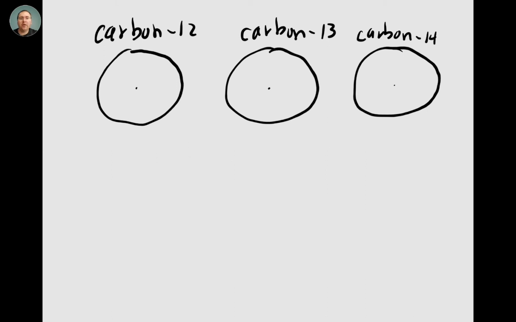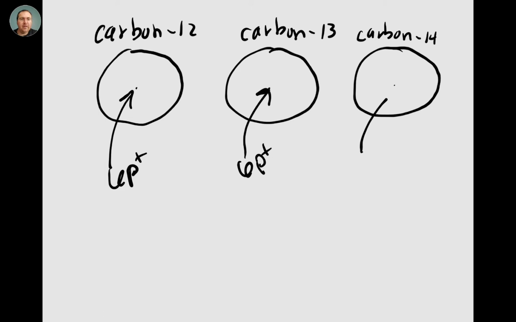So in order to be carbon, what we need is 6 protons. You have to have 6 protons in order to be carbon. If you change that number, you can't be carbon anymore. It's a very important feature. That's the atomic number. So the atomic number of protons, carbon is number 6 on the periodic table.